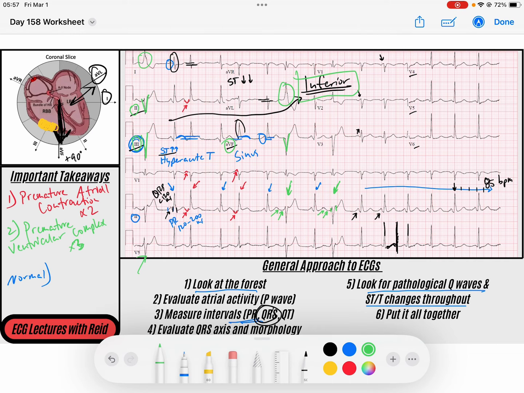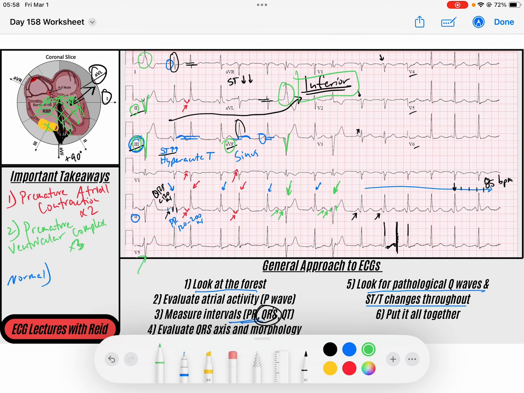Well, if the focus that might have been infarcted, right, this inferior STEMI, if this was the area that was producing the signal, it would be going up and to the left. That's the direction of depolarization if that was the focus.